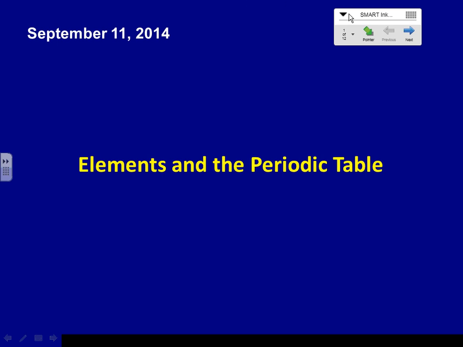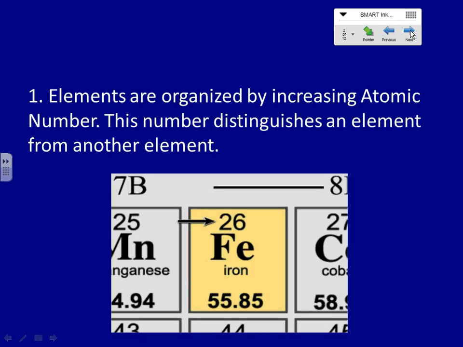Okay, elements in the periodic table. I think during my babbling, you have all had a chance to write that title down. I'm just going to have a series of rules that go along with the periodic table. And I have a periodic table up here at the front of the board. The periodic table that you're going to use is on the reference sheet or the resource page.